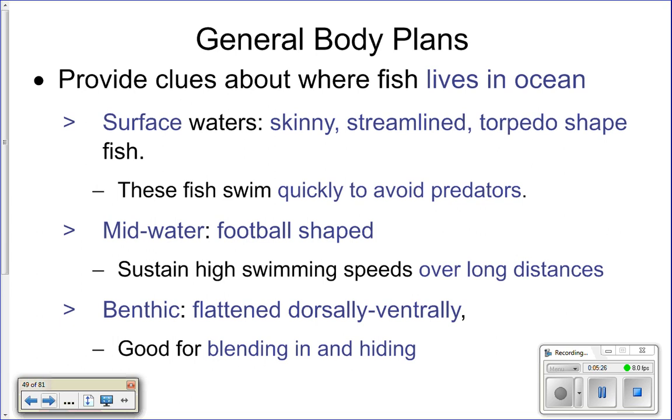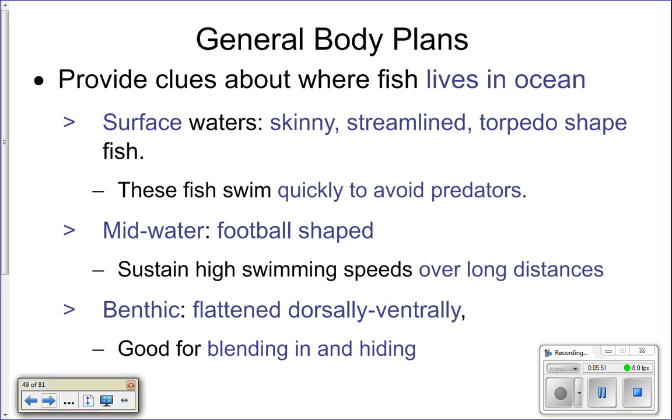Basically, in general, you have fish that live at the surface of the water, so up in the very, very well-lit waters. They're going to have a very skinny, torpedo-shaped body. Okay, very skinny, very streamlined. Think of an anchovy, right? Long and skinny. They need that shape because they have to be able to swim quickly to get away from predators.